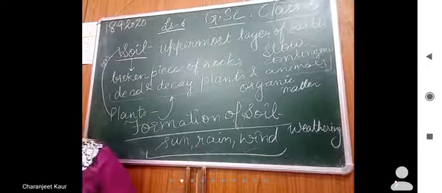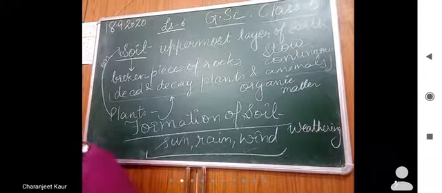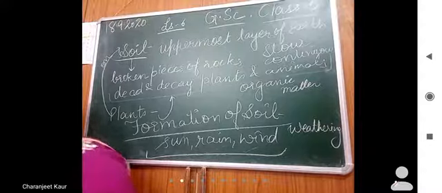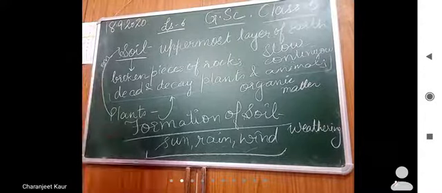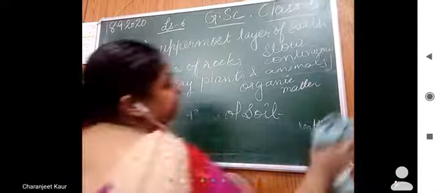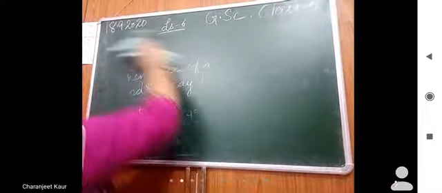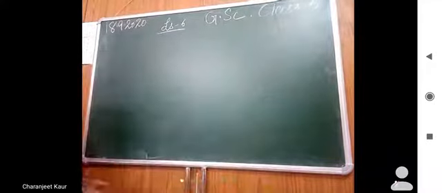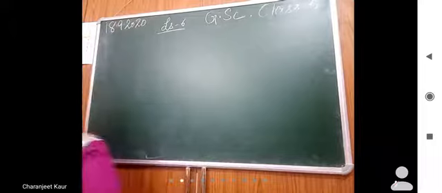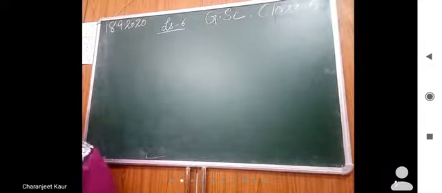Now coming to the next topic, that is composition of soil. बच्चे, you people generally get confused with the diagrams and the question in the notebooks also. In the practical files, I am seeing that you people have made wrong diagrams.